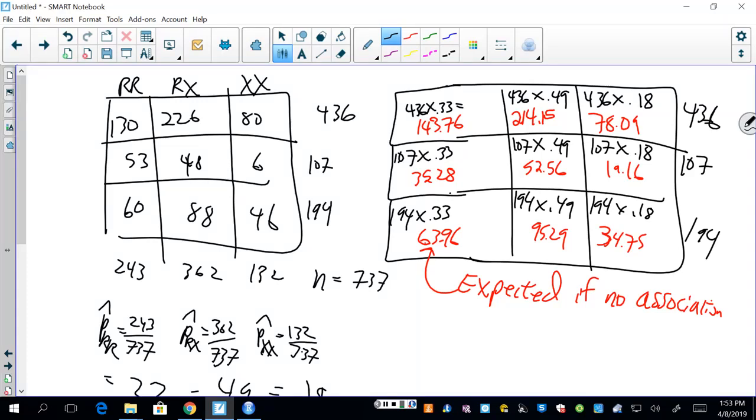If you add them together, they'll cancel out. So you can't just take the differences and add them, because they would add to 0. So you need to do something else. So we're going to square the differences. We're going to take 130 minus 143.76, so negative 13.76, and square it.